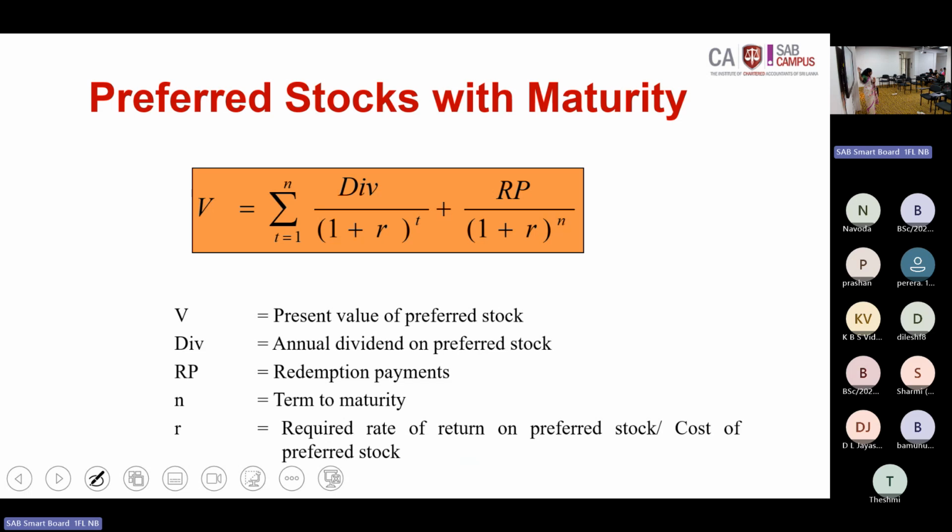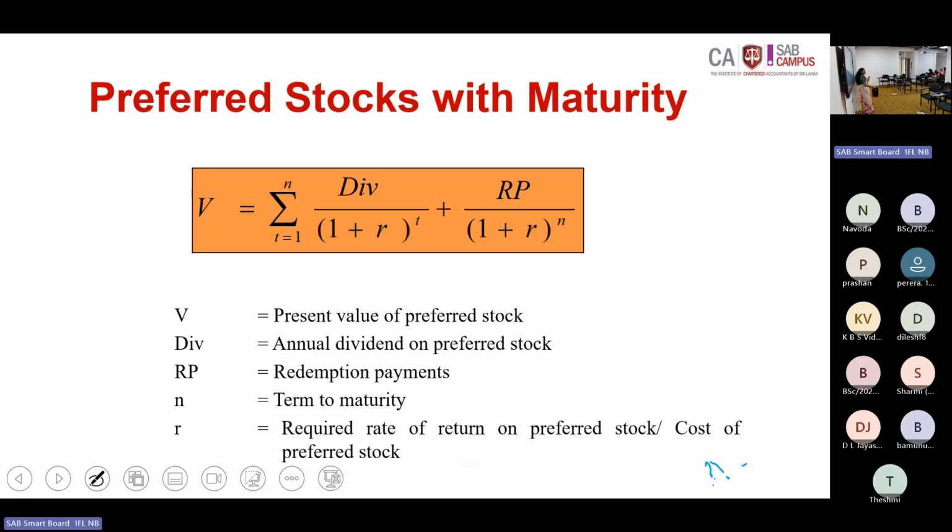Now, tell me, if it is a preference share with the maturity, from the investor's perspective, what are the future cash flows? Yes, you are going to have the dividend. Do preference shareholders have a fixed dividend? Yes, exactly.